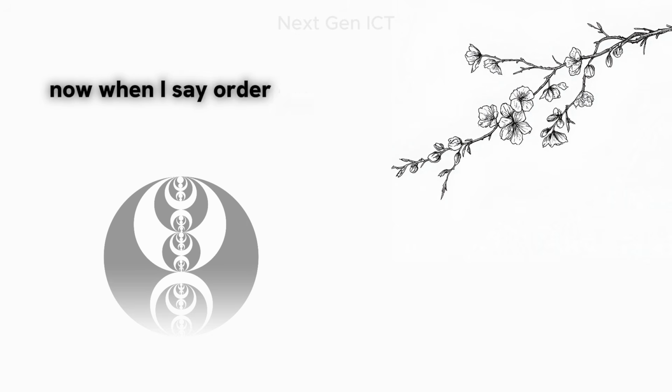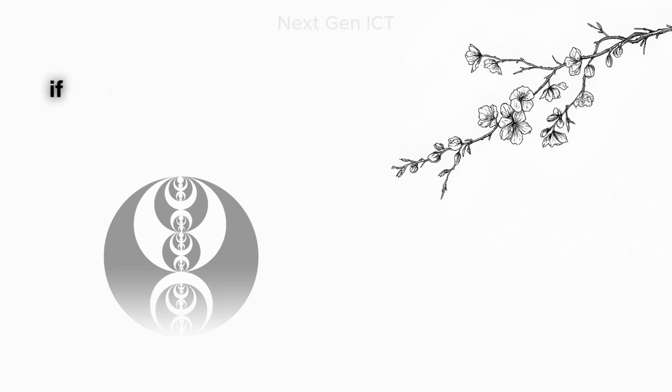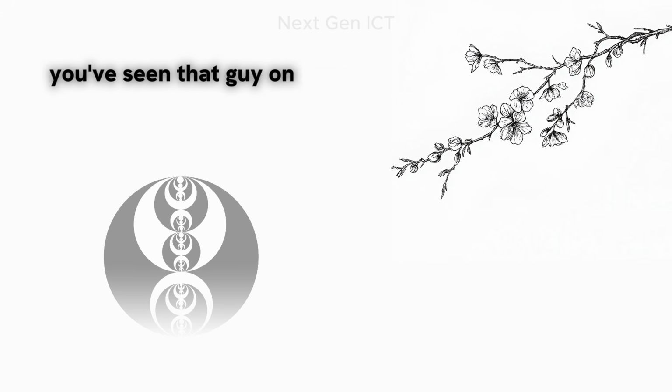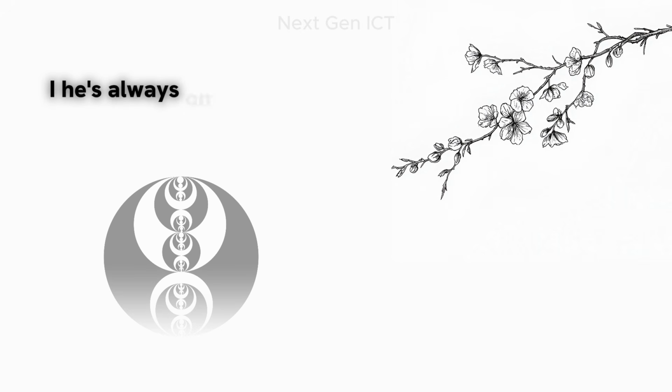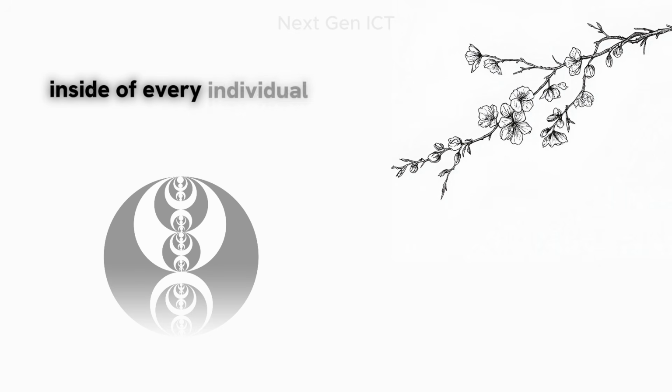Now, when I say order flow, I am not referring to some kind of look inside the candlestick. If you're using this kind of chart, you're an idiot, because I used to work at Barclays or whatever it is. You've seen that guy on YouTube. He's always on my videos now. His ads are running on my stuff. But you don't need to have volume or the number of contracts recorded or shown inside of every individual candle. That's irrelevant.